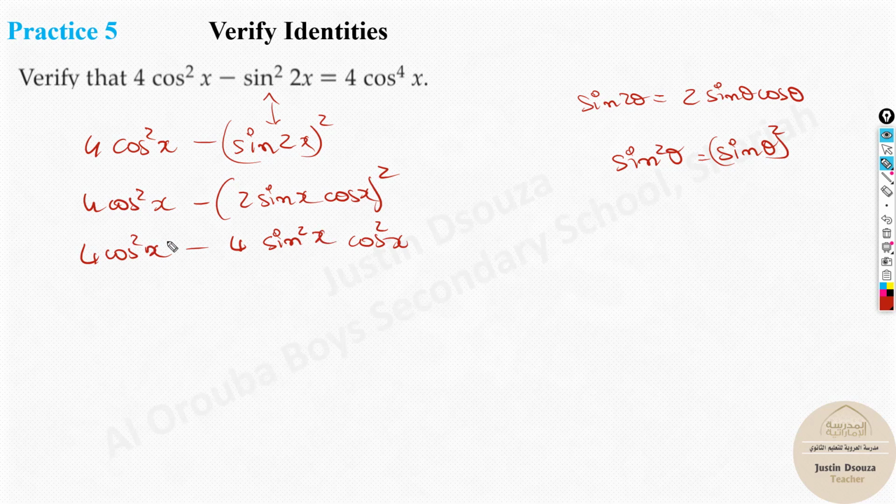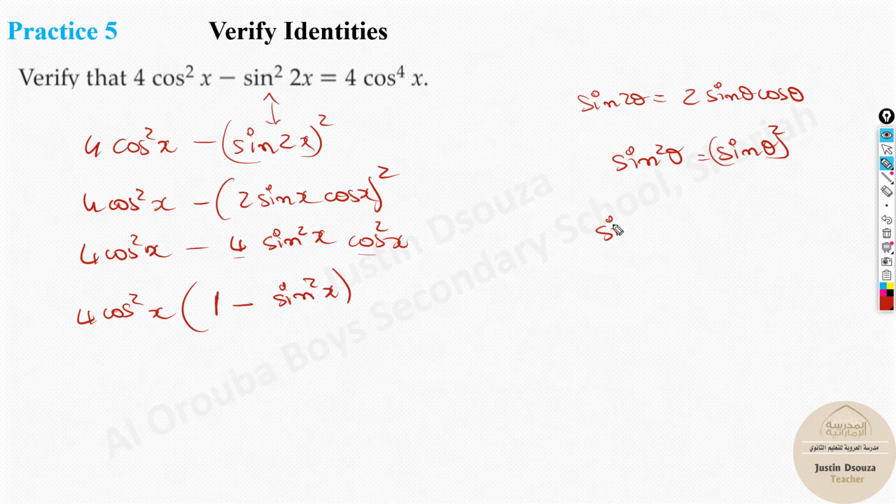Now I can remove 4 cos square x from here. Again, I'm writing theta because I'm so used to it. Cos square x, you can just remove this. And over here also, this is the same thing, right? You remove it in both cases. So it'll be 1, because you're dividing both sides by 4 cos square x. It's 1 on the left side, and over here you're just remaining with sine square x.